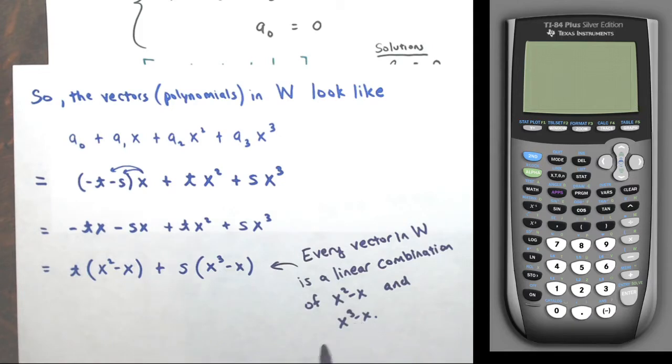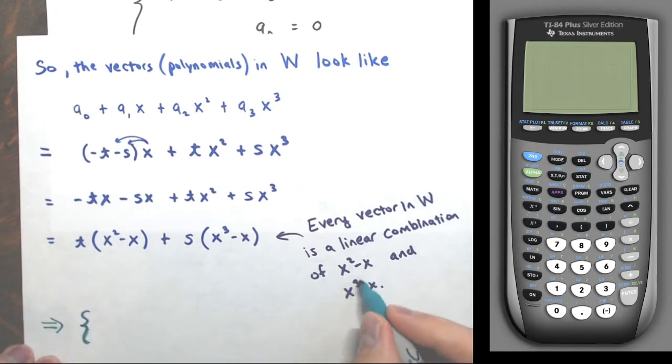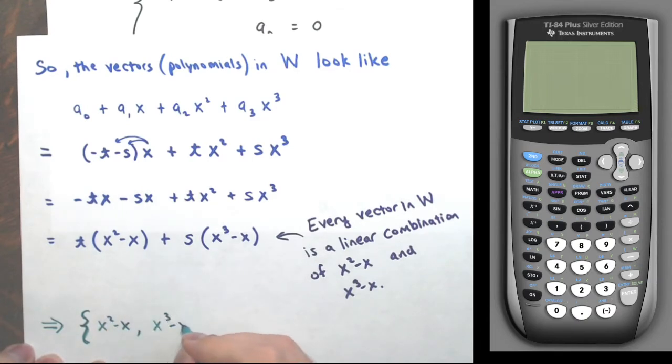So that means that W is spanned by these two vectors. So that means that the set with these two polynomials, x squared minus x, comma, and then x cubed minus x, spans W. Right?